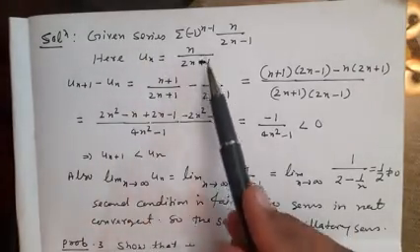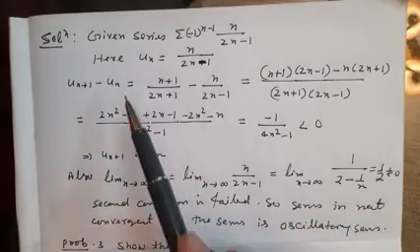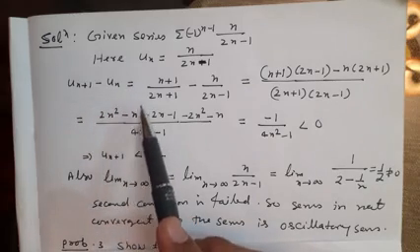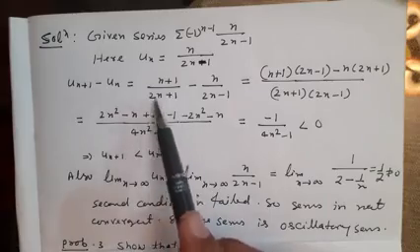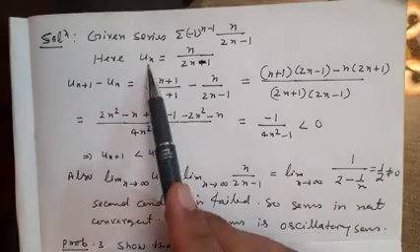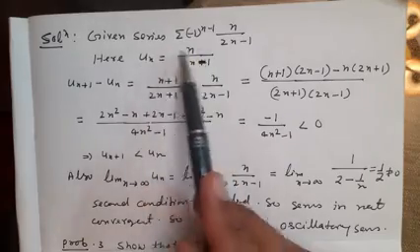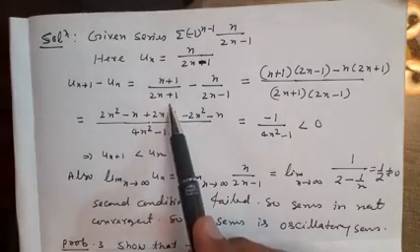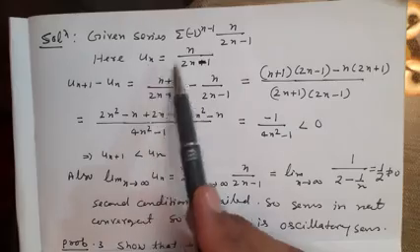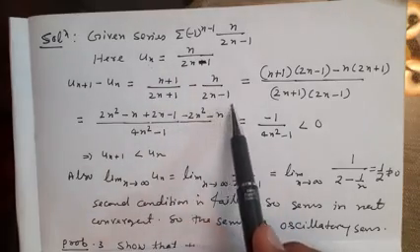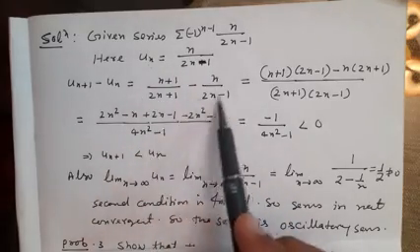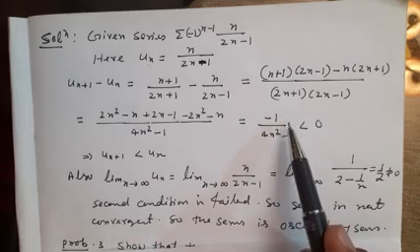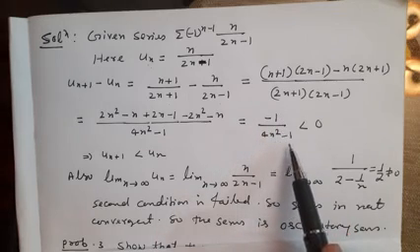Similarly, for first property un plus 1 minus un, what about un plus 1? Replace n by n plus 1 here. So you will get n plus 1 upon 2n plus 1 minus un. Un is the same, n upon 2n minus 1. So after all calculation, you will get minus 1 upon 4n square minus n.